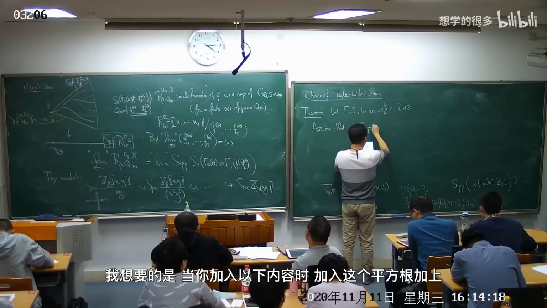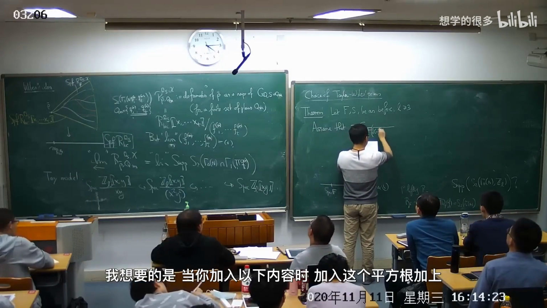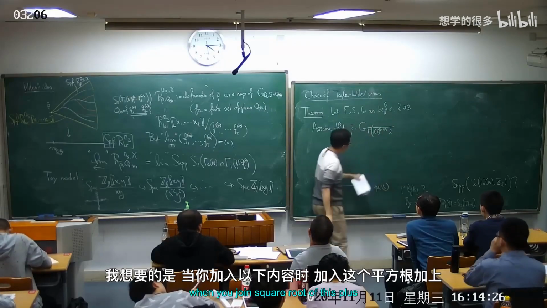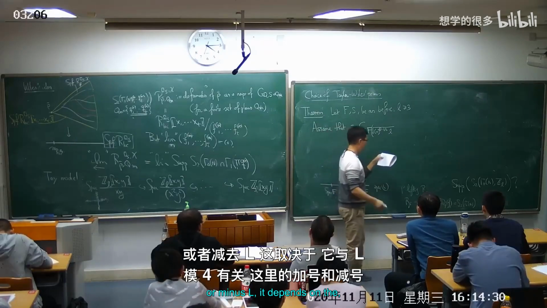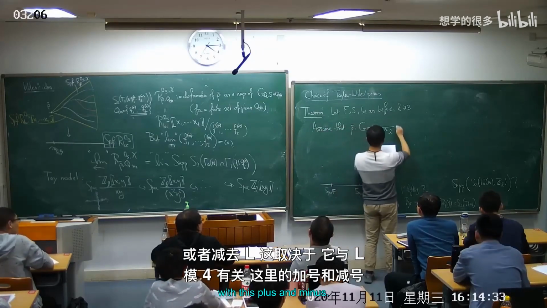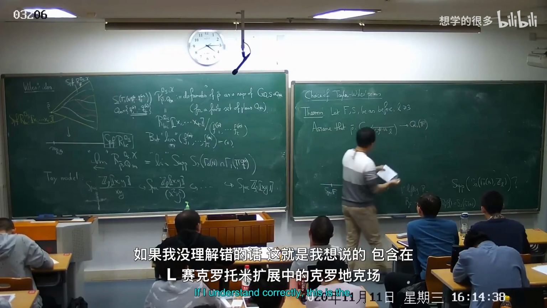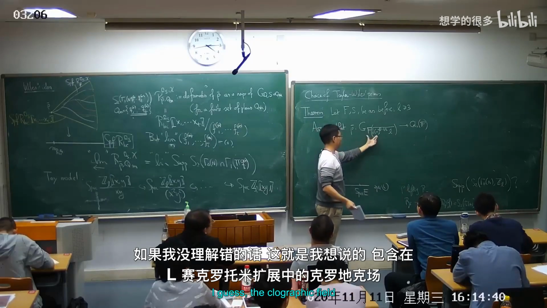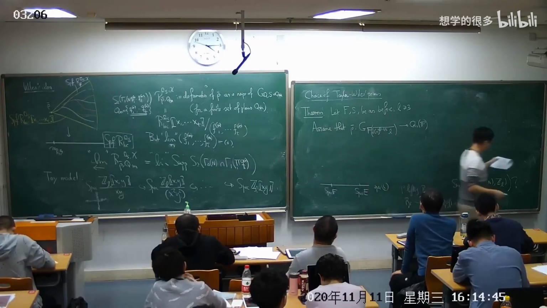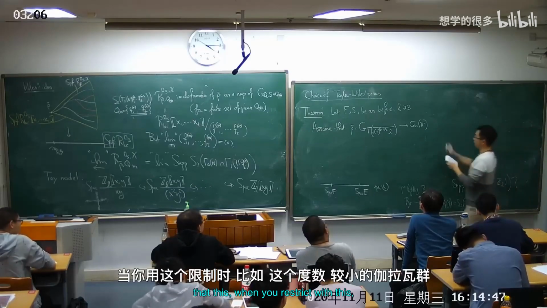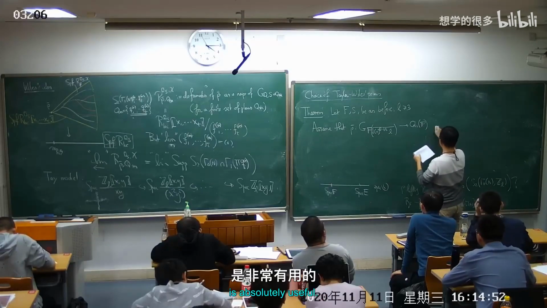When you adjoin the square root of plus or minus L, depending on L modulo 4, which, if I understand correctly, is the quadratic field contained in the L-cyclotomic extension, assume that when you restrict to this smaller Galois group, rho bar is still absolutely irreducible.